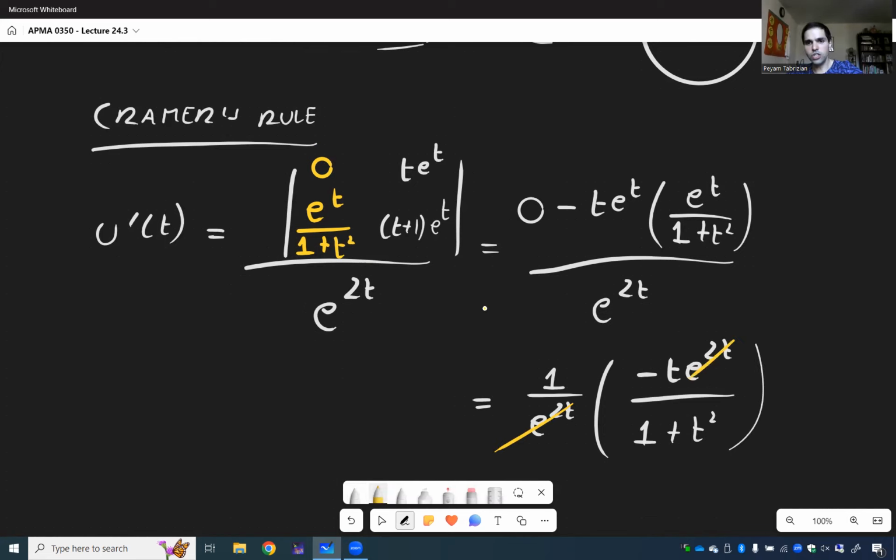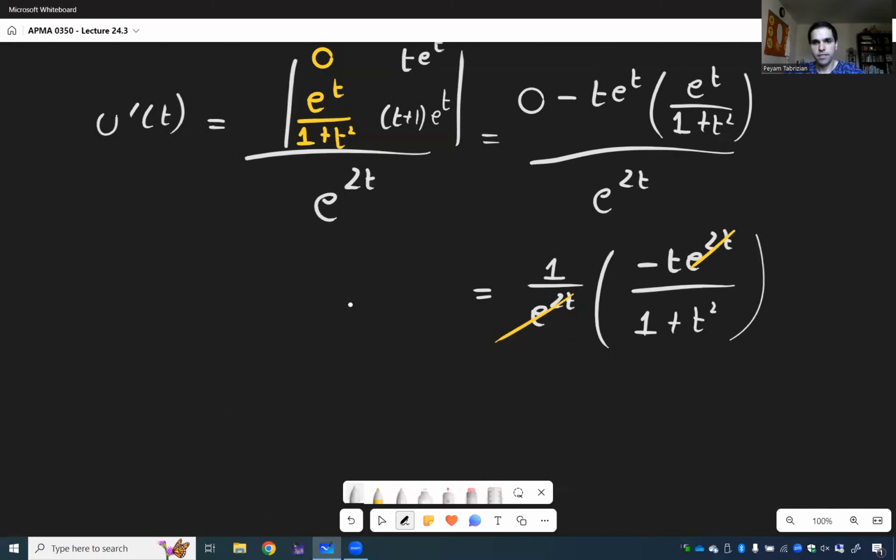And the exponential terms cancel out, and you end up getting minus t over 1 plus t squared. So that's u prime, which we'll integrate soon.